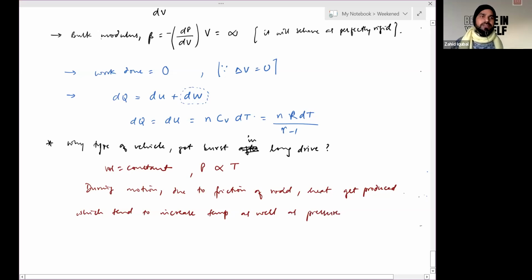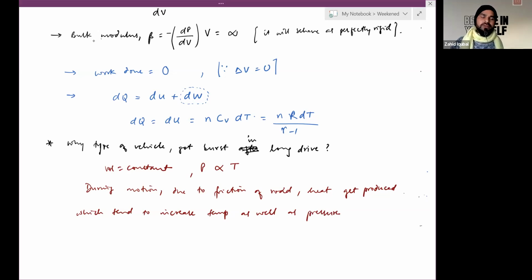And this pressure will be capable of bursting the tire on a long drive.